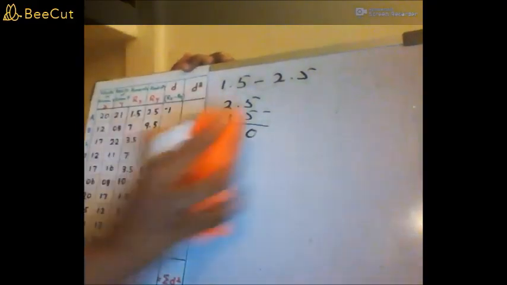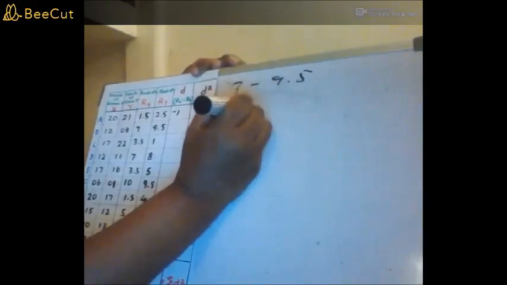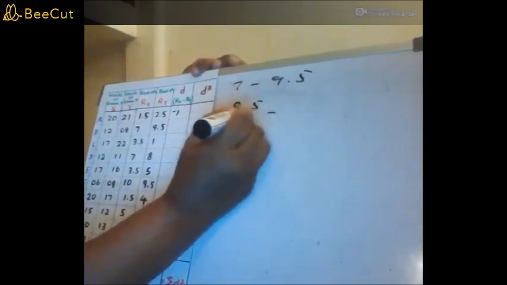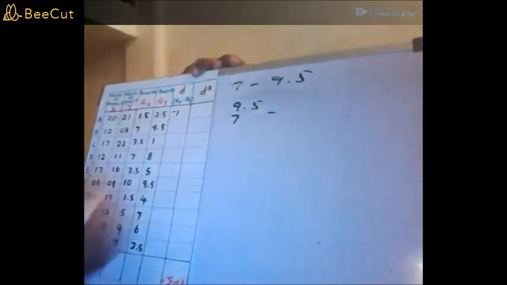Right. Next one. 7 minus 9.5. Here again this one is the larger value. So 9.5 minus 7. This is the way you have to write.